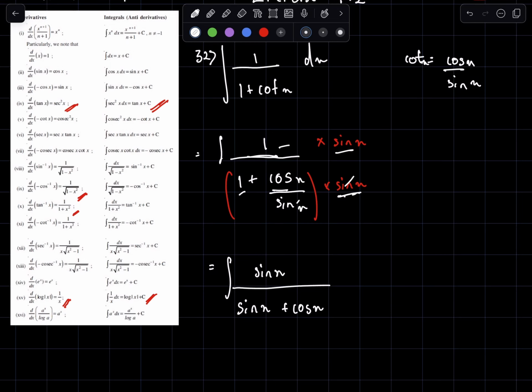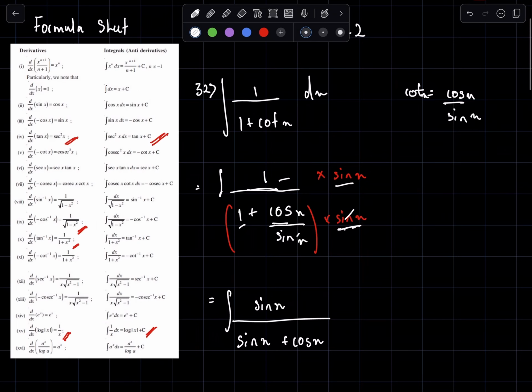Now I want you to go to the previous video and see question number 24 and how we solved that. I told you a very important property: if you have the sum of sine and cosine at the bottom, you need the difference at the top.